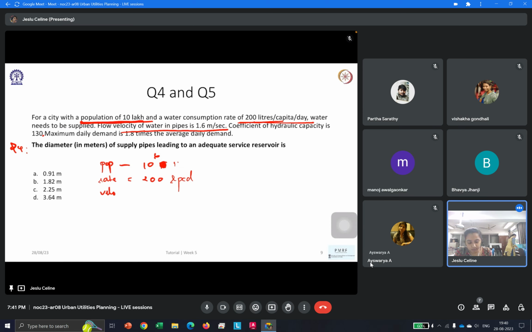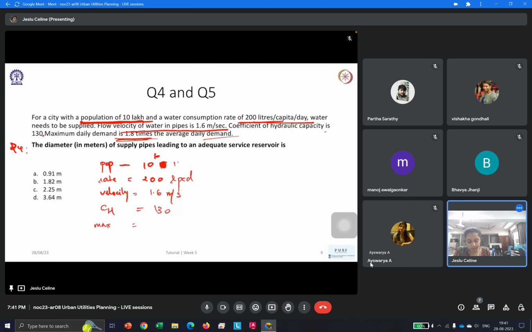Coefficient of hydraulic capacity, which is our CH, is 130. And this is something we already know, that to convert average demand into maximum demand, we multiply it by 1.8. So let's just write it.